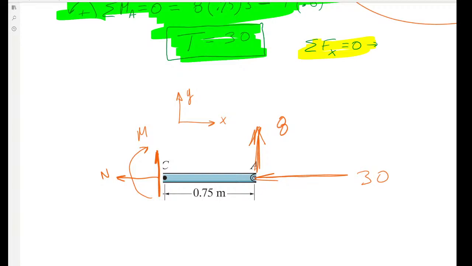Now, I guess I erased it. Okay. So now, that's pretty easy.